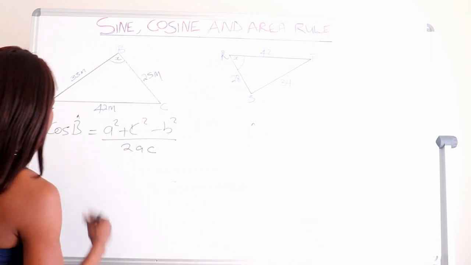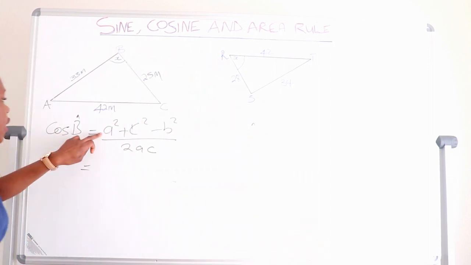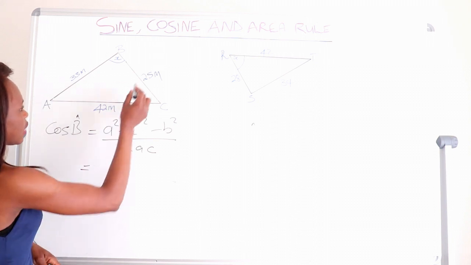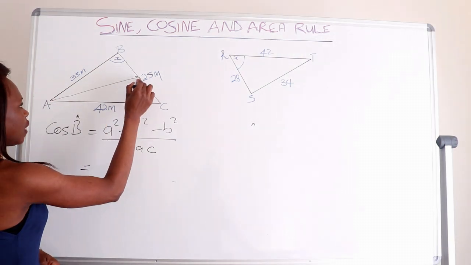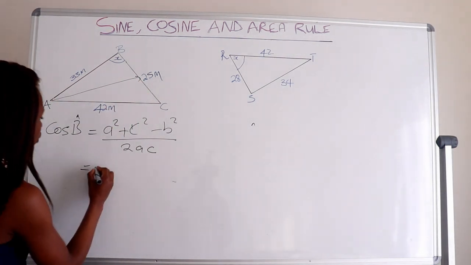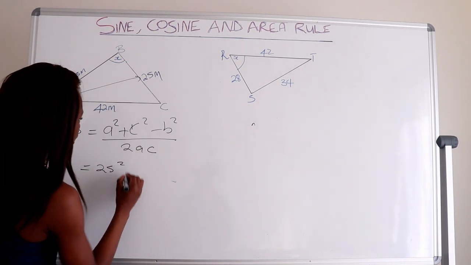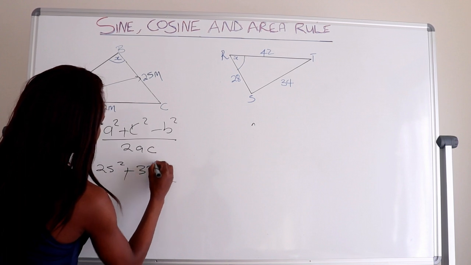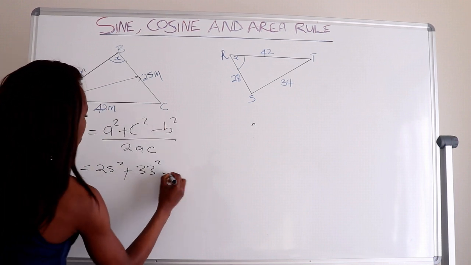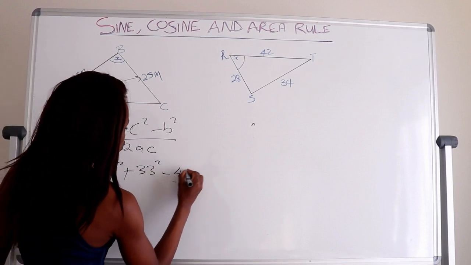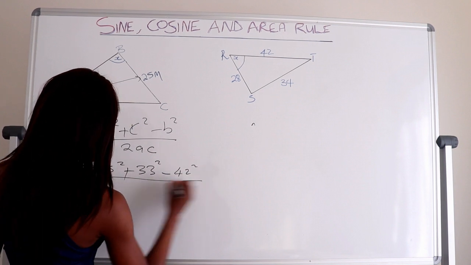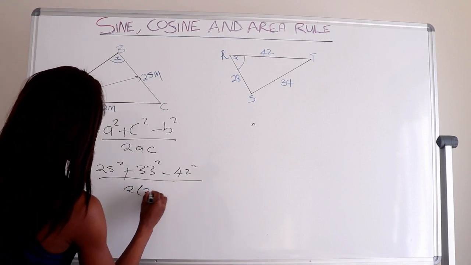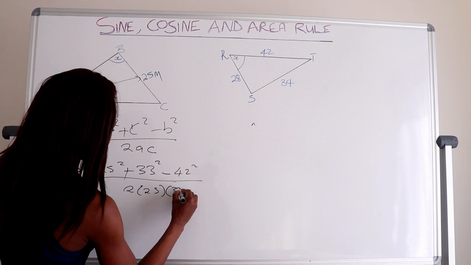So let's just get everything into the equation. Remember that a is the opposite side of the angle of A. So it will be 25 squared plus c squared, in this case 33 because it's opposite to the angle of C, minus b squared, which is 42 squared, divided by 2ac, which is 2 multiplied by 25 multiplied by 33.